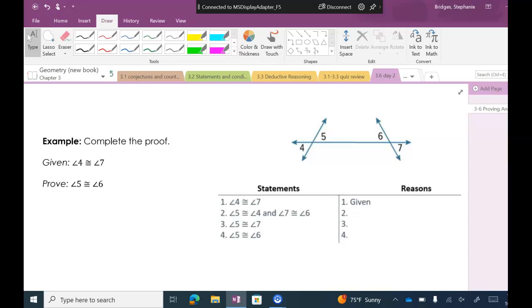There are only 3 of them. It's either reflexive, symmetric, or transitive. You have to figure out which one of those you can use to justify that statement. And then the same thing with step number 4. Which one? Reflexive, symmetric, or transitive?